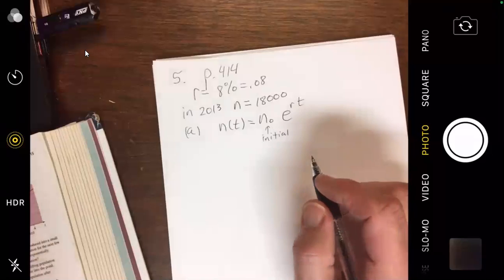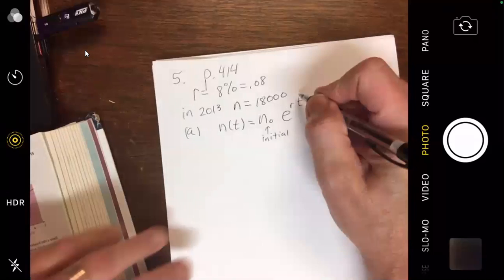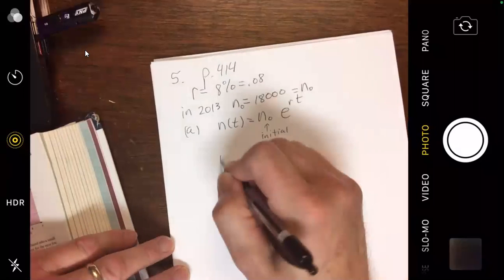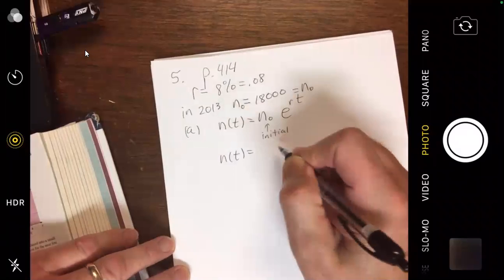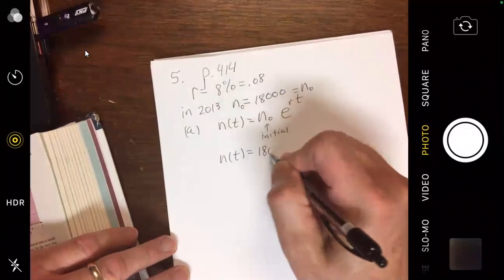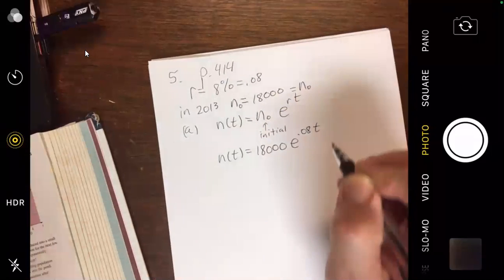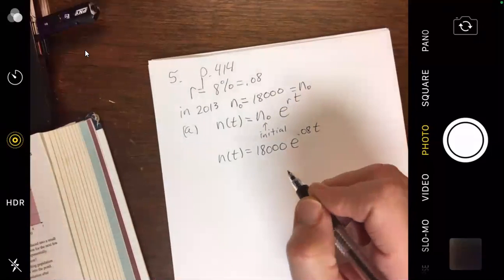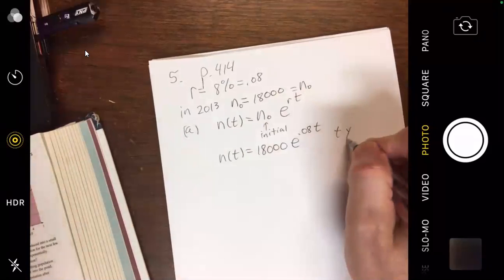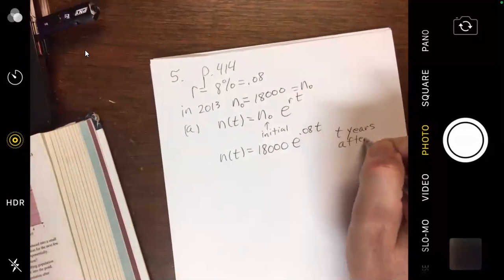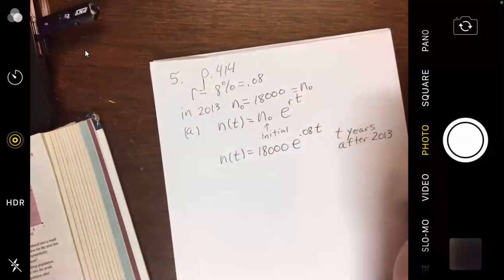So the 18,000 is going to be the N0. So N of t is 18,000 e to the 0.08 t, t years after 2013.